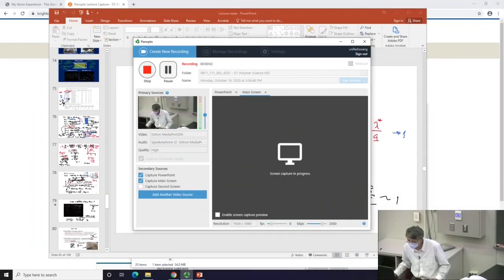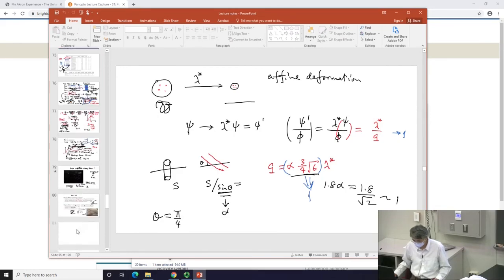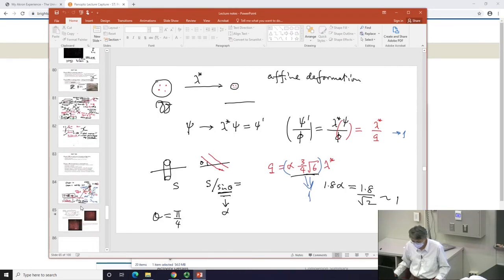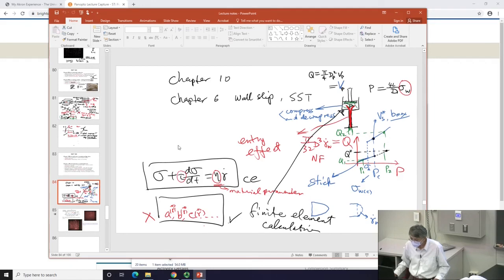We're in the middle, toward the end of finishing chapter 10, which is just a place where I illustrated some special cases for shear banding for you to have what you have learned from wall slip to shear banding in simple shear, and you anticipate, as I did, that this could also happen in more complex geometries, such as at the entry of a die during extrusion.